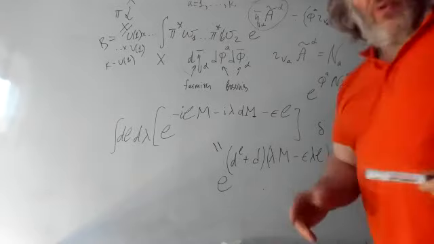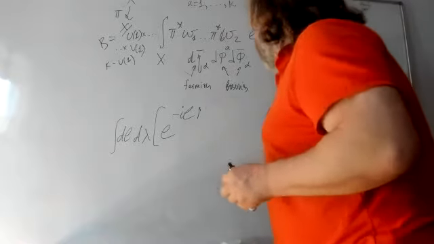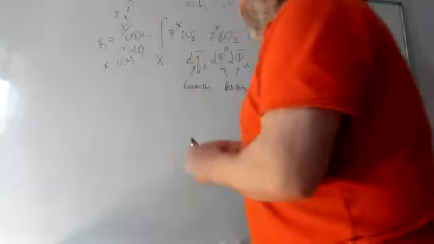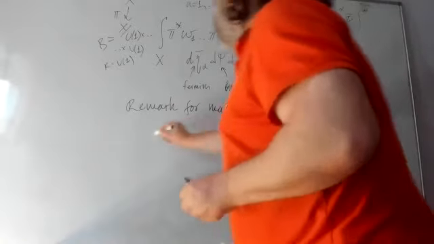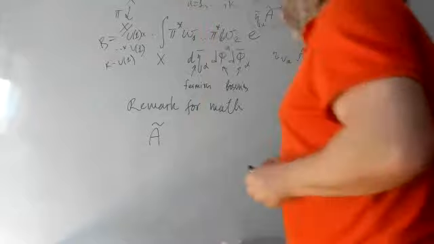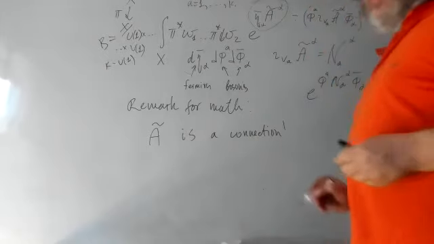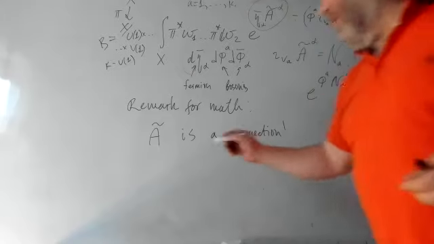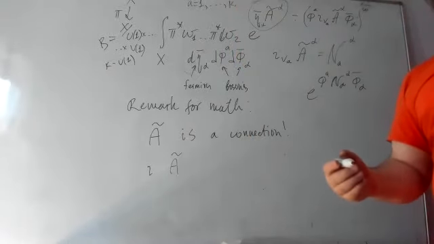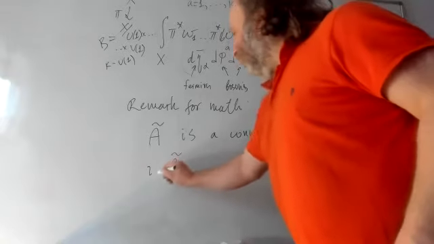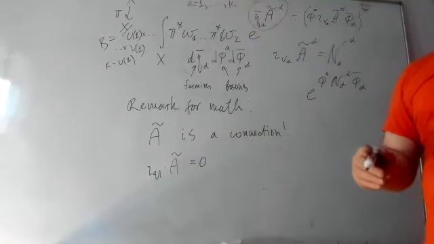Remark for mathematicians: A tilde is a connection, because a connection is an equation for horizontal tangent vectors, that I'll call U. So this is a set of equations for parallel transport.